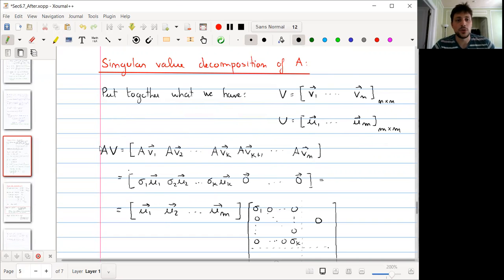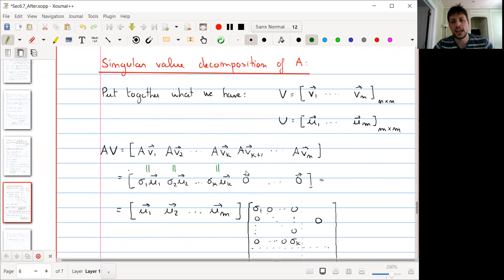Observe the following thing. Let's try to compute A times V. A times V is a matrix whose columns have A times the column vector in V at every time. So that's just what's written here. Now, in the properties that we just computed, we saw that A times Vi is equal to sigma i Ui up until K. So the first K of these columns are equal to singular value times singular vector.